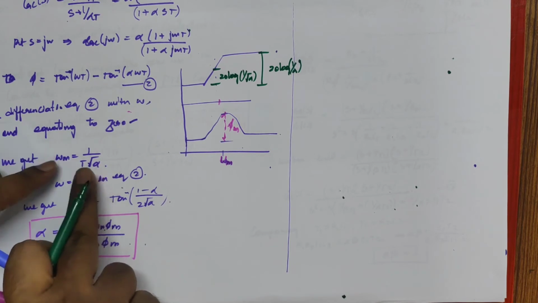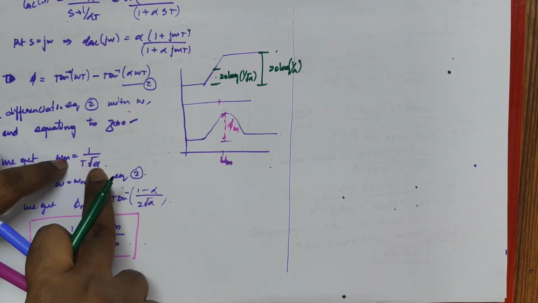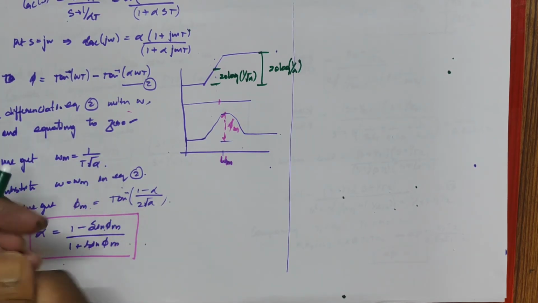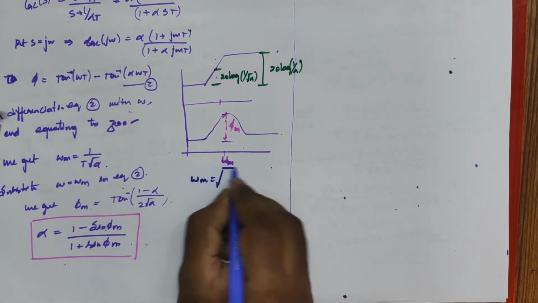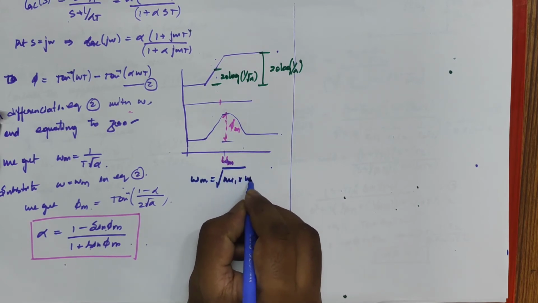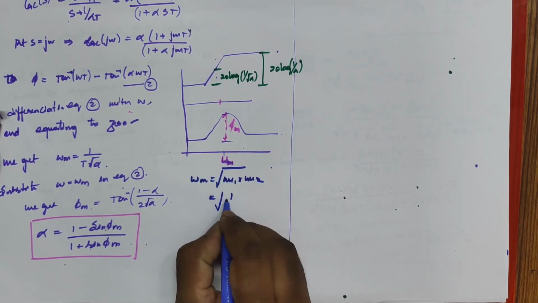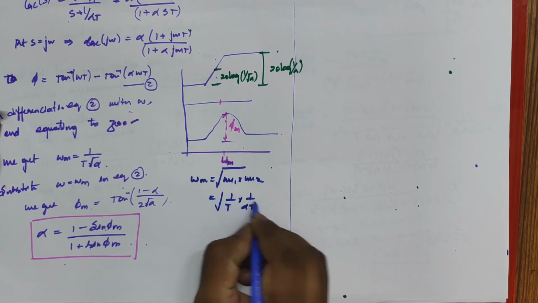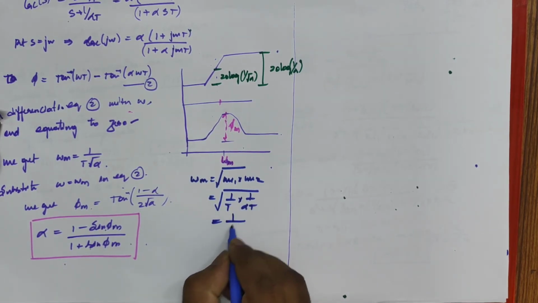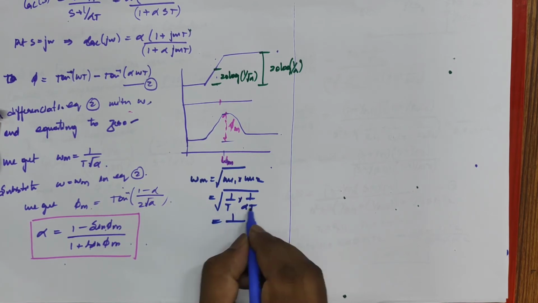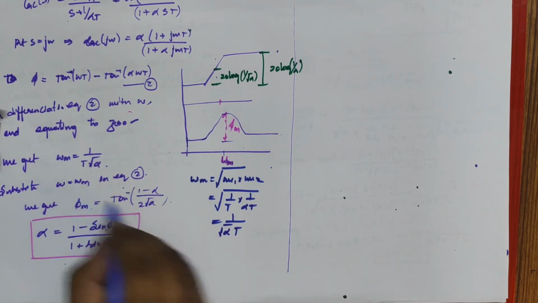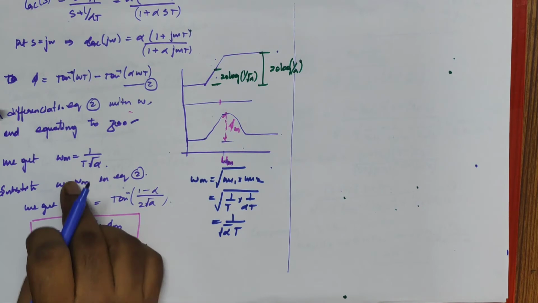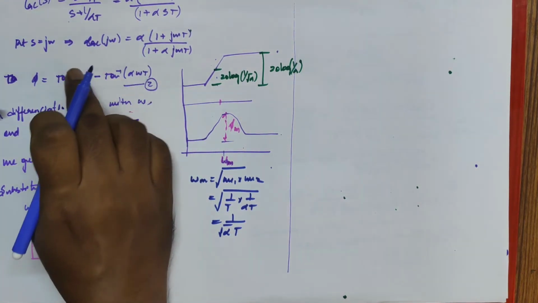In general, we can directly find the geometric mean, that is omega m, as omega c1 into omega c2 under a root. So I get 1 by T into 1 by alpha T, and finally obtain T square alpha, so alpha root T. Similar to this, we can directly calculate it. If you substitute the omega m value here, you will get the phi m value.